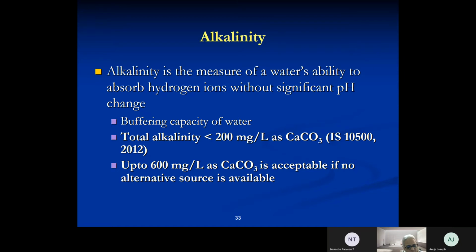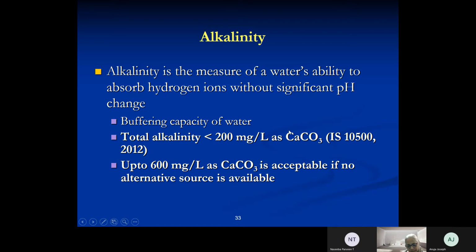Now, what happens in coagulation is when you add alum to water, if there is no alkalinity, what will happen? Alum is aluminum sulfate. It will form aluminum hydroxide and the sulfate will combine with the protons in water and you will have acidic conditions. If there is alkalinity in the water, that will provide a buffering capacity.